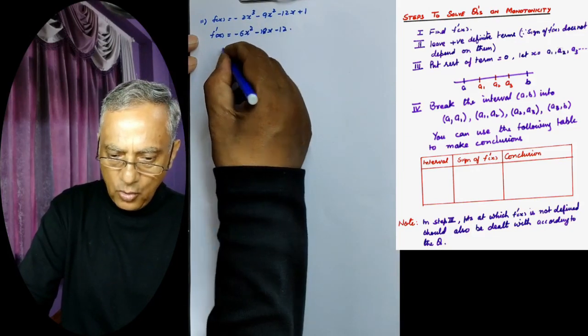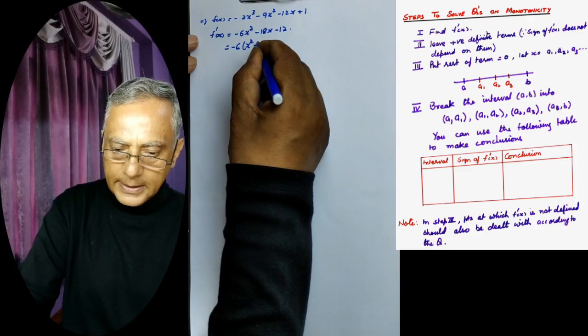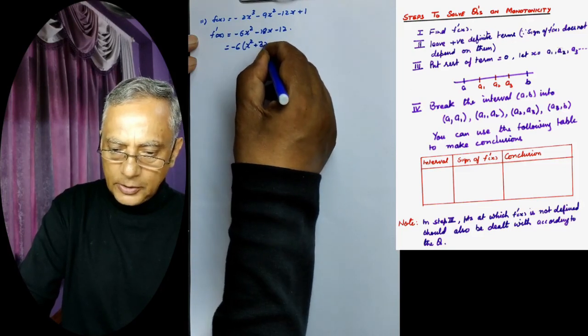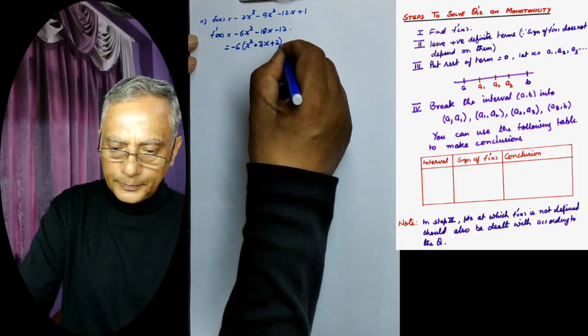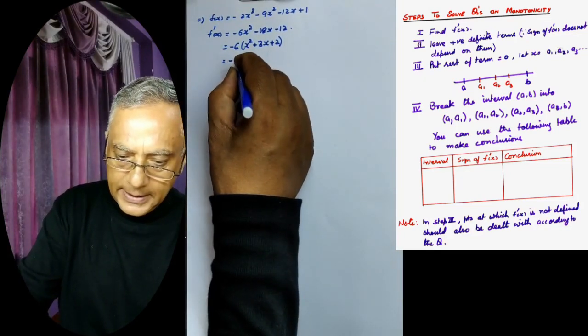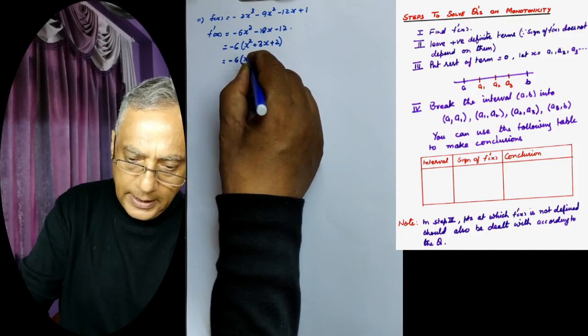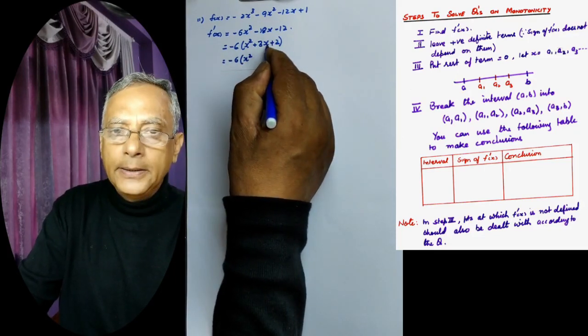This is equal to -6 common, so we have x² + 3x + 2. This is equal to -6 into x². Now the product should be 2 and the sum should be 3.